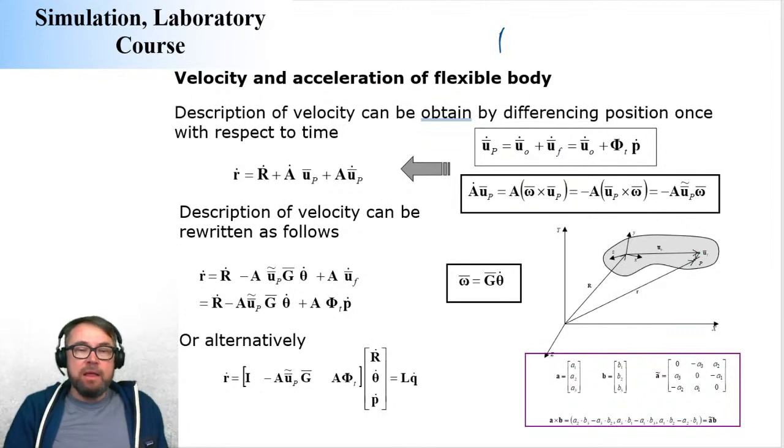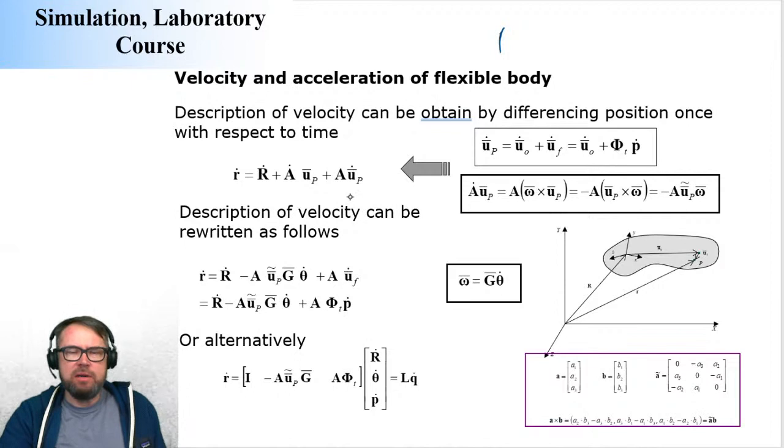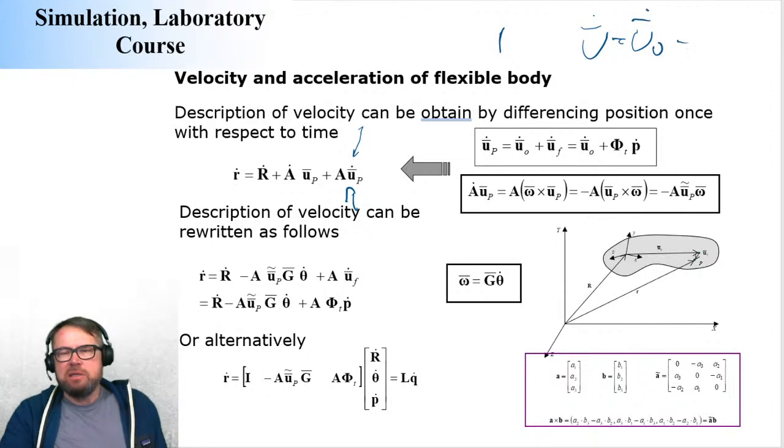Earlier, we were able to say that this third component here, vector u bar dot, was equal to 0 because there was no deformation in the body. In this case, we cannot do that. So u bar dot is not going to be equal to 0. Why? Because remember, u bar dot consists of u bar 0 dot and u bar f dot.